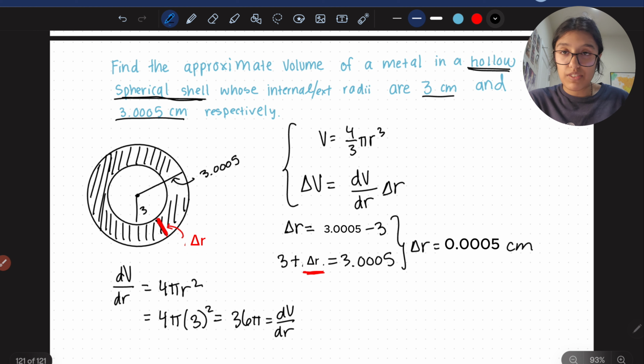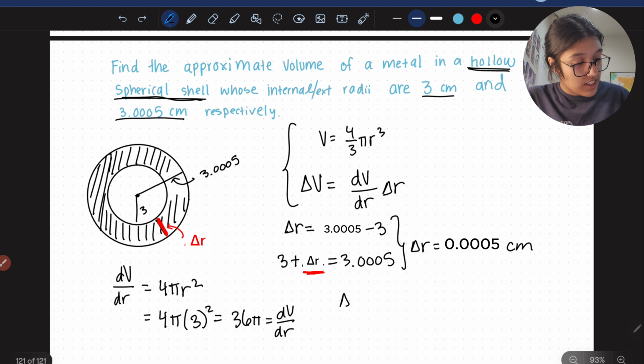Now we find delta V, since that's what they're asking us: the approximate volume of the metal in a hollow spherical shell. And that's the change in volume. Let me explain why. If you do this the regular way, you find the volume of the outer sphere and then the volume of the inner sphere. You're doing the outer sphere minus the inner sphere, which is the change in volume. So in this case, we're also finding the change in volume.